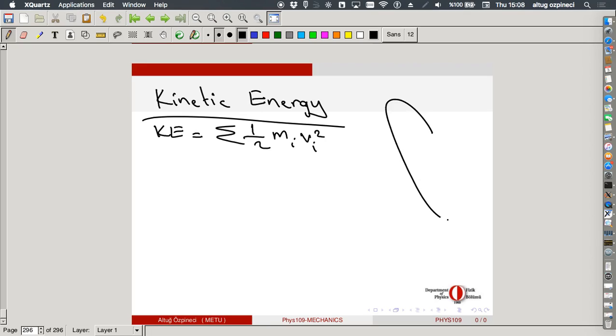Now we will take this rigid body. This is my rotation axis. Let's say omega is pointing out of the screen again. This is not a point object, but I can imagine that it's a collection of very small point-like masses.